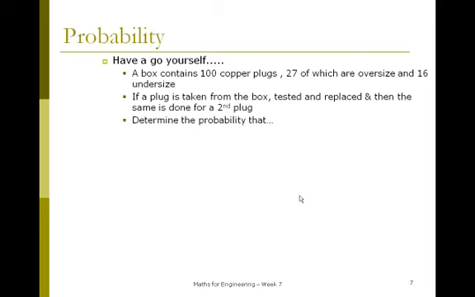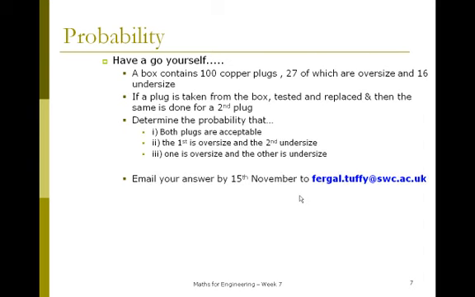If a plug is taken from the box, tested and replaced, and then the same is done for a second plug, determine the probability that, first of all, both plugs are acceptable. Secondly, that the first is oversize and the second is undersize. And the third part of the question is determine the probability that one is oversize and the other is undersize.